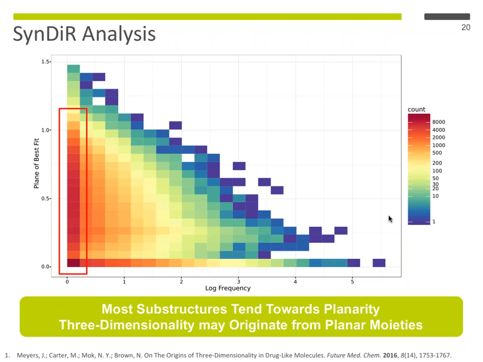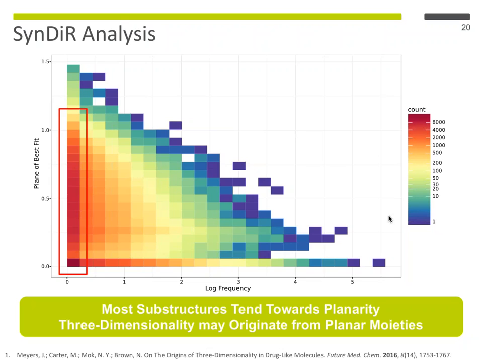And within each cell, the density of exemplified substructures in that cell is represented. So the more red the cell, the more individual substructures are represented in that cell. So again, what you can see, the red bounding box shows that there are three-dimensional things going up to 1 in the PBF descriptor, but these aren't used that often.